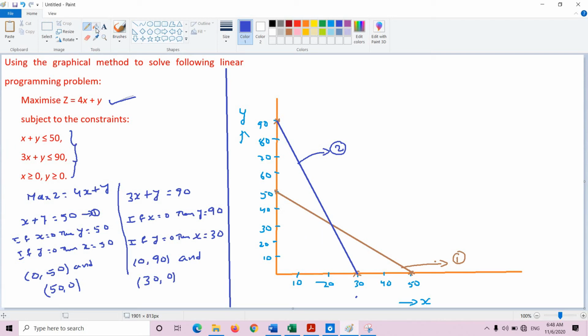Let me fill this for your sake. Now this area, this area and this area, this total area belongs to the equation 1 line, which is representing less than or equal to.